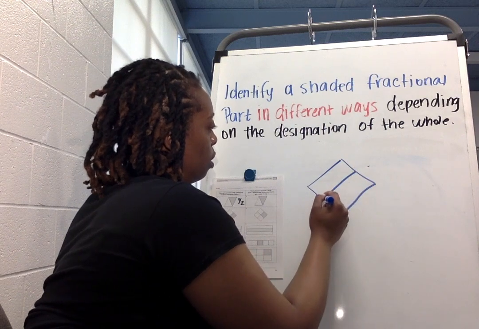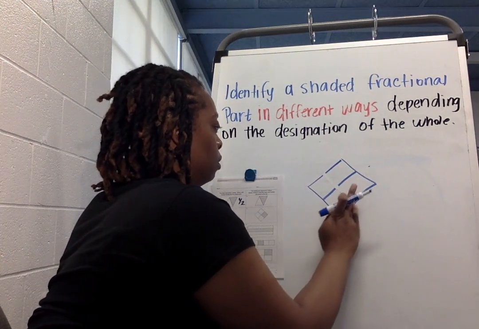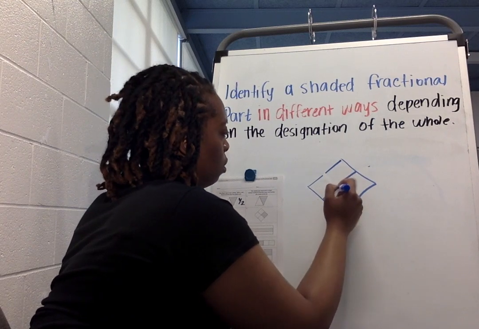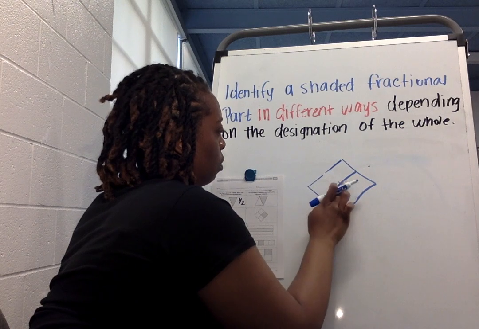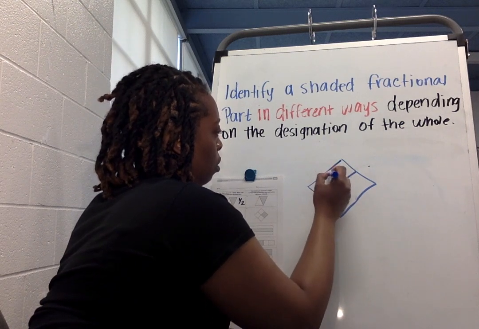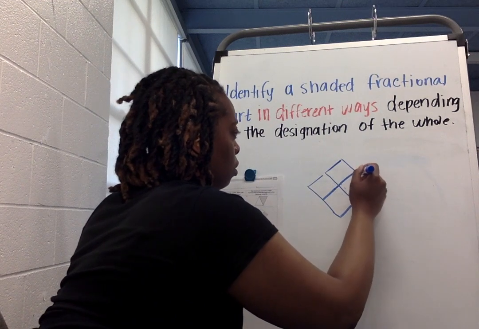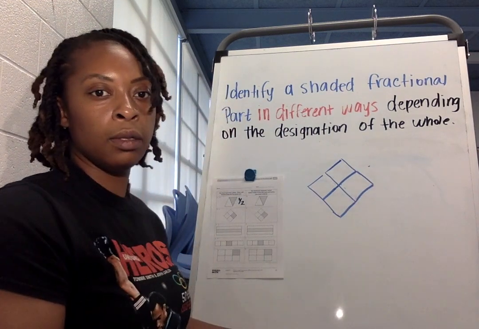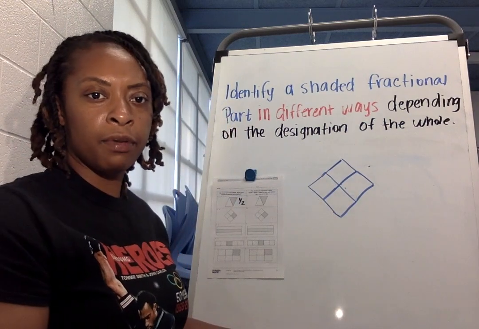So you can split it down the middle and then split it down the middle again. Make sure it's even. Okay. It's pretty even. Not perfect, but it's close.